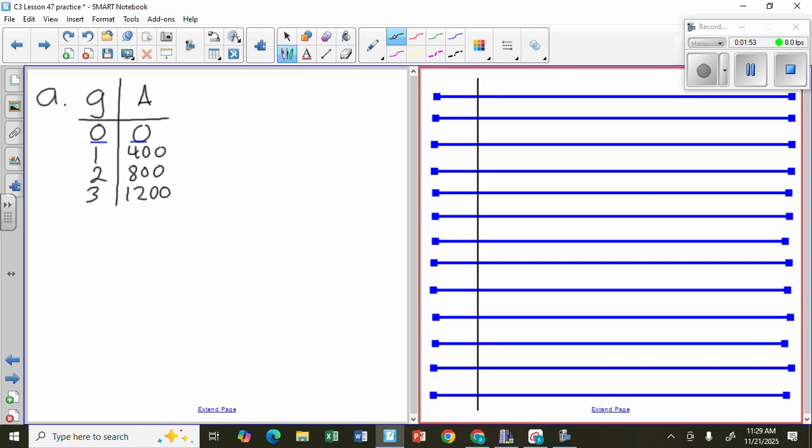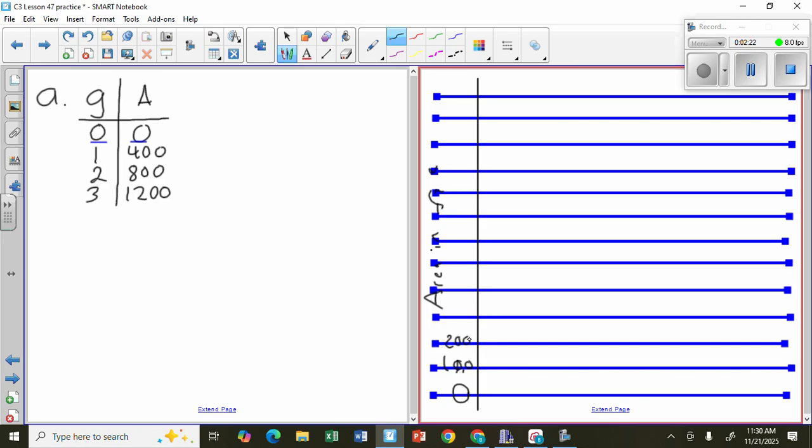So what does the y-axis mean in this one? Is it gallons or is it the square feet? Square feet. So I'm going to put here area in feet squared. And I'm going to start down here at the bottom. I'm going to say this one is 0. Do I go 1, 2, 3, 4, 5? 100, 200.